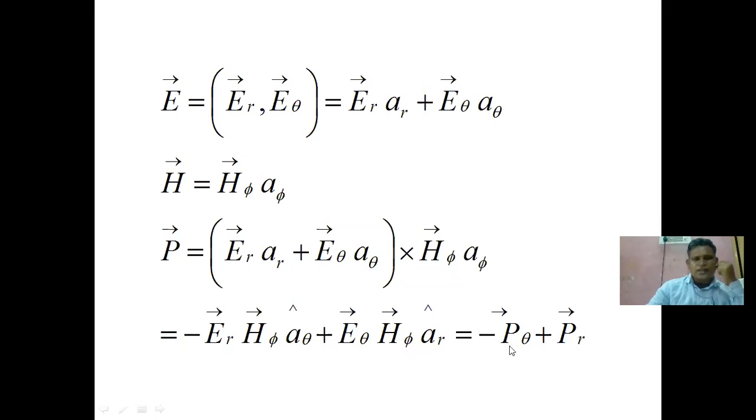The negative sign indicates that the power is in the other direction. PR indicates the power in the positive direction, and this is in the negative direction. PR indicates the power in the main lobe, and P theta indicates the power in the back lobe or minor lobe.